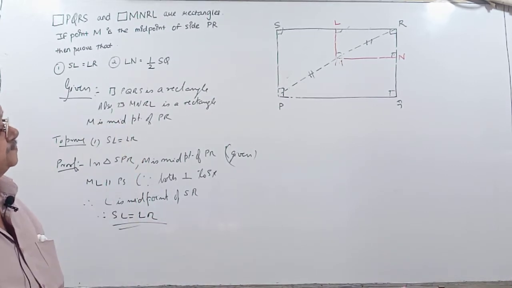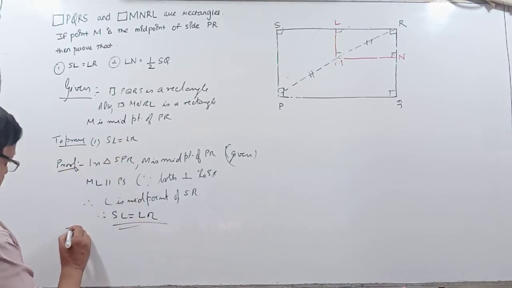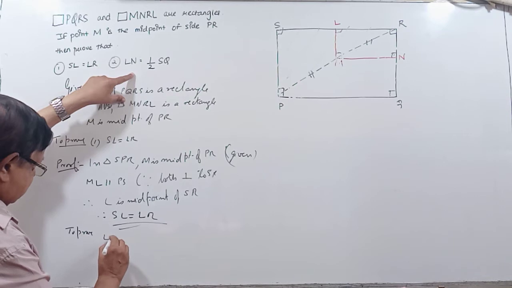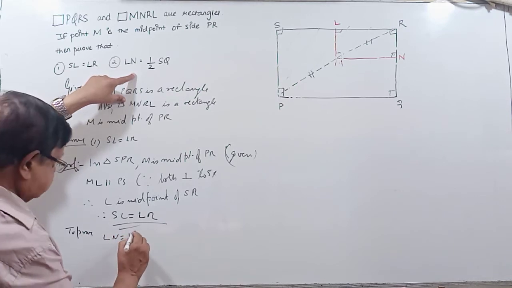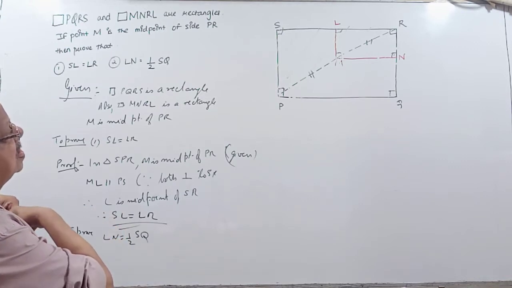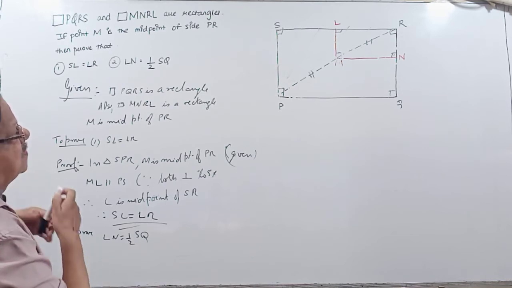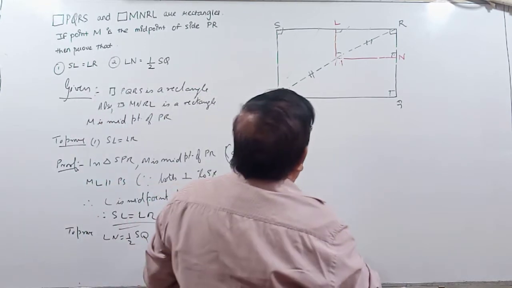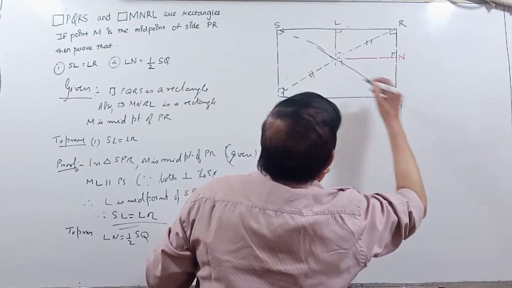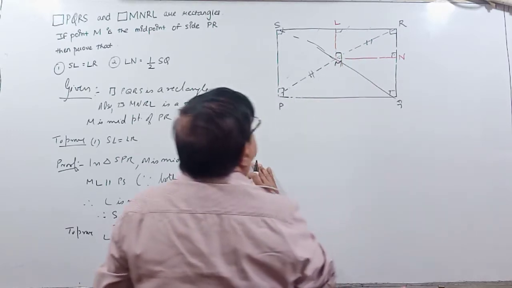For the second one, to prove LN equal to half of SQ, we will make a line passing through M. This is M, and this is 90 degrees.